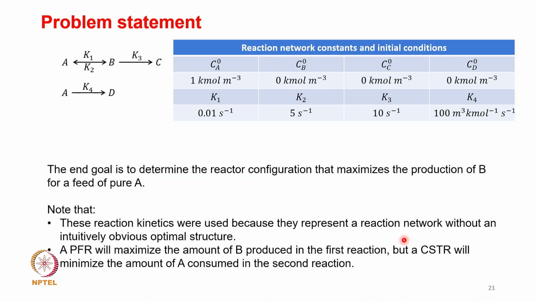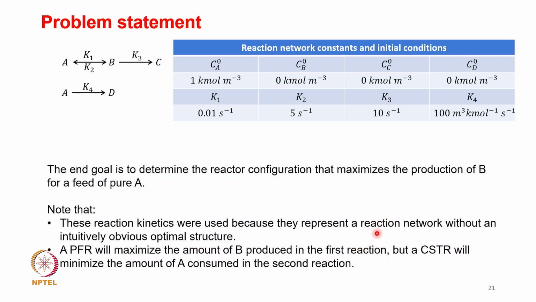These reaction kinetics were used because they represent a reaction network without an intuitively optimal structure. As you may see, A is going to B and B is of course moving to C, and A is having a side reaction of going to D, and we are interested in maximizing the production of B. It's not very clear from the reaction structure what is the best design that we can have.